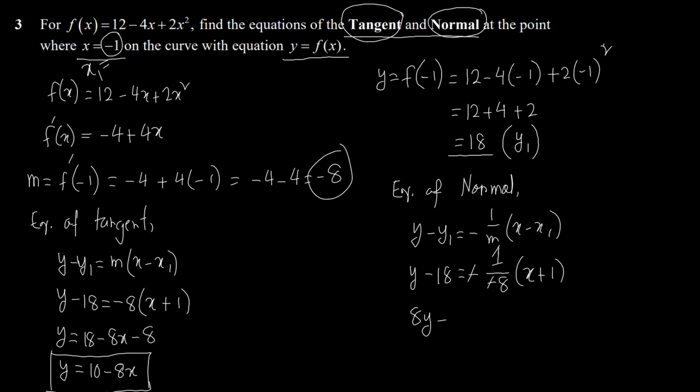This is the value 144. Right there, negative 144 equals on the right side positive 1 into x is x plus 1. So finally you can write our answer as 8y equals x plus 145.